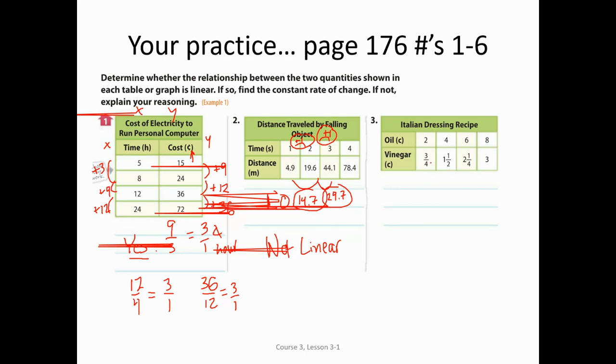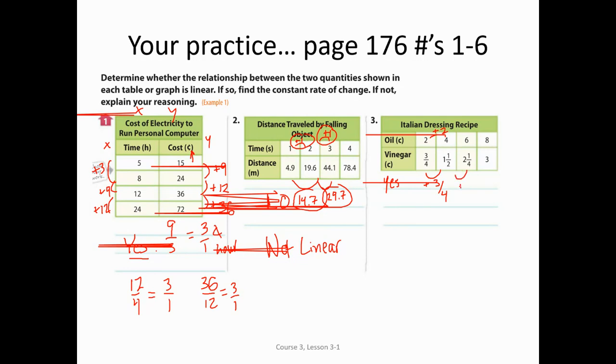How about our Italian dressing recipe? What's the rate of change here? Is this a linear relationship? You should have chosen yes. And if it would help you to think of these as decimals, it might. But basically, we've got an increase of 3/4 more cup of vinegar as 2 more cups of oil are added.